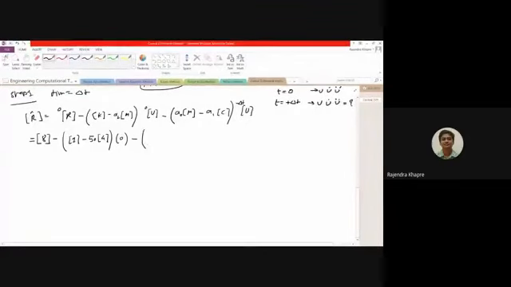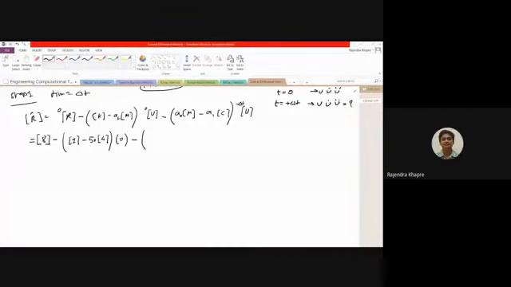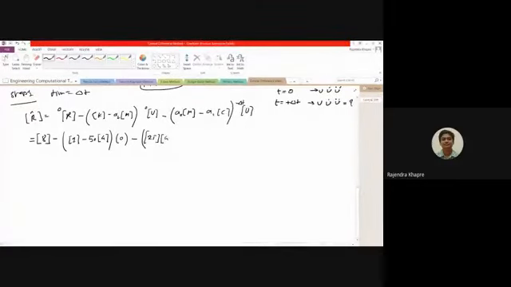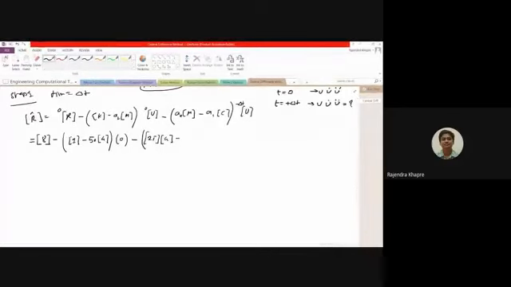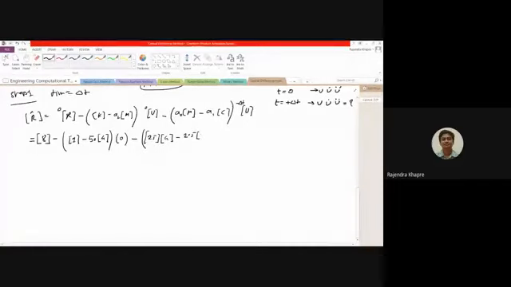Minus, we have a0. The a0 value is 25. I'm putting it in a round bracket. The mass matrix is nothing but your 4. Minus a1. The a1 value we have calculated as 2.5. The damping matrix is the C matrix, and the C matrix is given to you as 2.